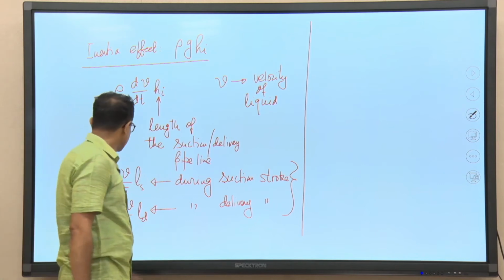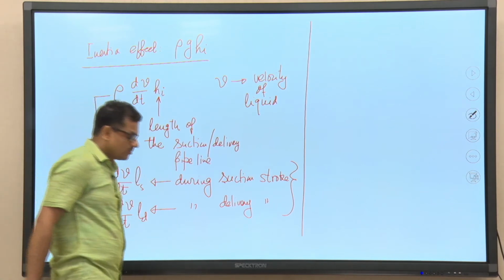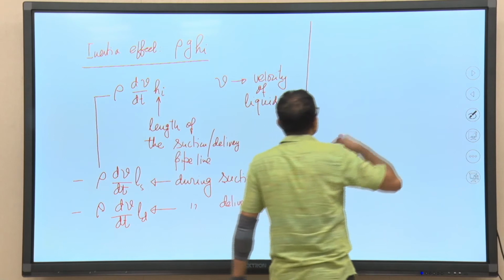So, our next objective should be to relate this quantity to the velocity of the piston.